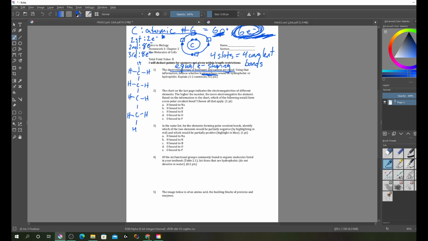A polar covalent bond is when 2 atoms with not equal electronegativities are sharing electrons and they're sharing them unequally. That's a polar covalent bond. So is this going to be a polar covalent bond? No, because they're equal electron sharing. So this is a nonpolar covalent bond.